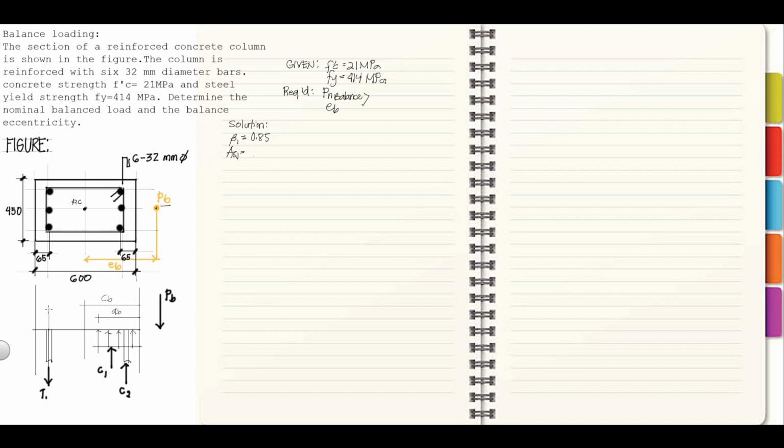Parang sa beam lang din. Ito yung strain diagram natin.